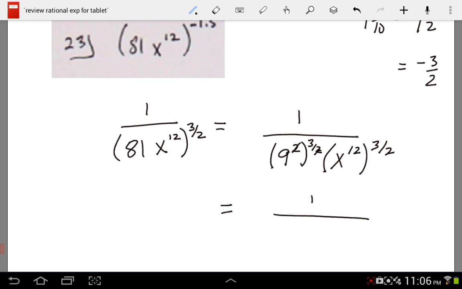Man, I really don't know what that is. So that would be 81 times 9, 729. Okay, and now here 2 goes into 12 6 times, and 6 times 3 is 18. So 1 over 729 to the 18th power.